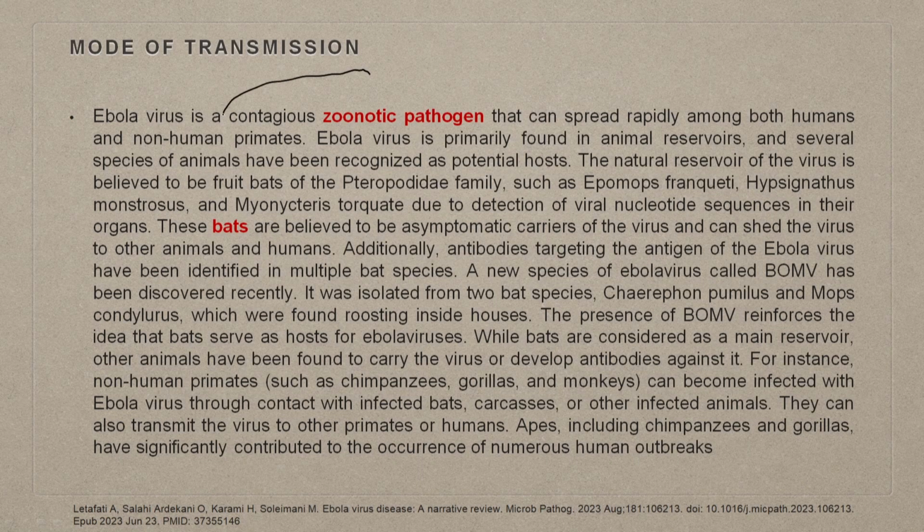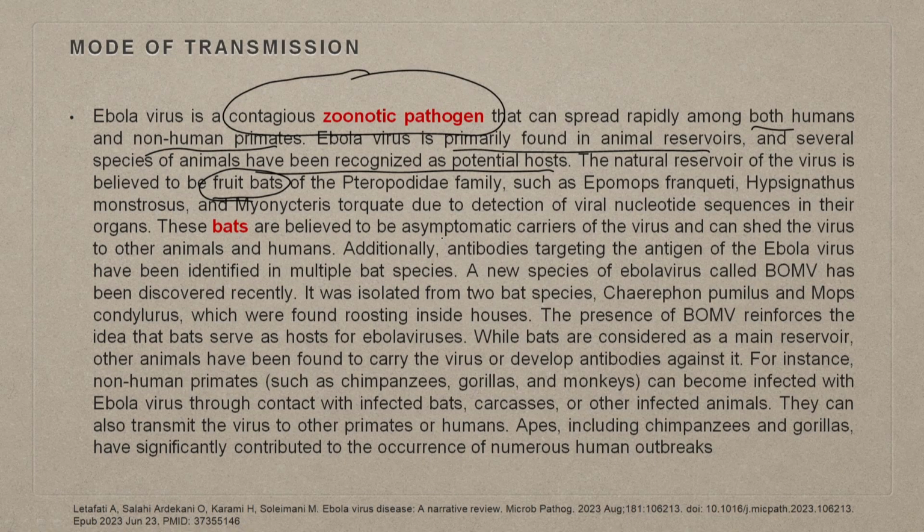Okay. So, moving to the mode of transmission. I have highlighted they are zoonotic pathogens. They can spread rapidly among humans and non-human primates. Ebola is primarily found in animal reservoirs, as I mentioned, and several species of animals have been recognized as potential hosts. The natural reservoir of the virus is believed to be fruit bats, and there are specific fruit bats which do carry it. The more we realize, there is almost a huge family of bats and that number is increasing, who are carriers of different kinds of viruses which have the ability to infect humans.